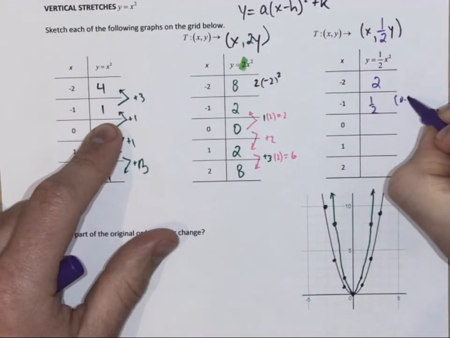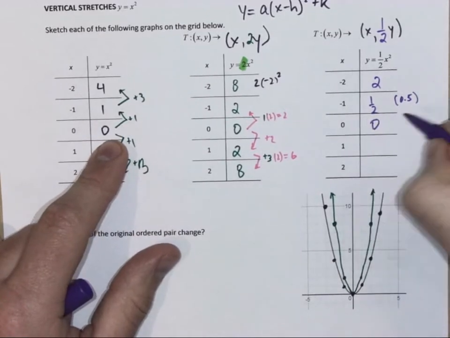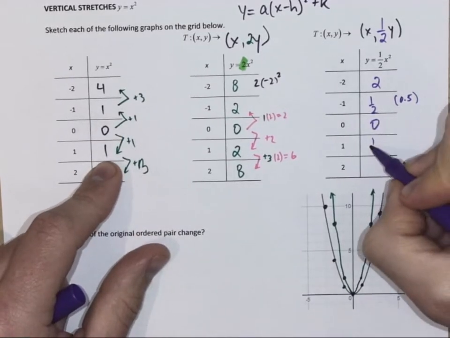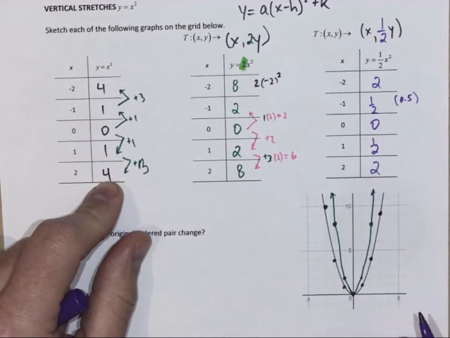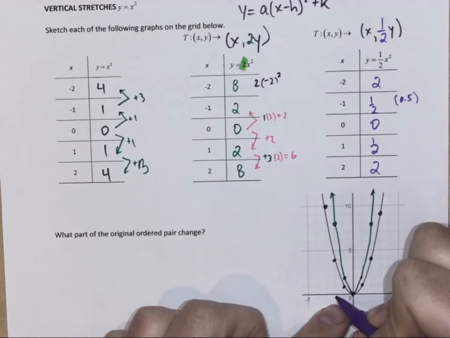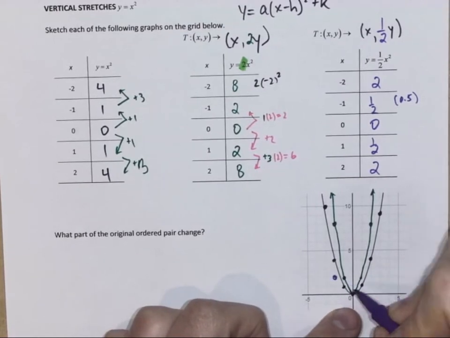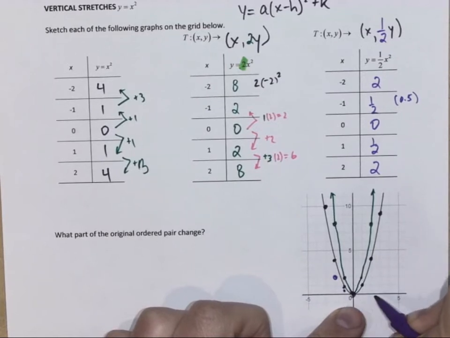I might say 0.5, just so that I can see. 0 times a half is 0, 1 times a half is half, and 2 times a half, or 4 times a half, is 2.